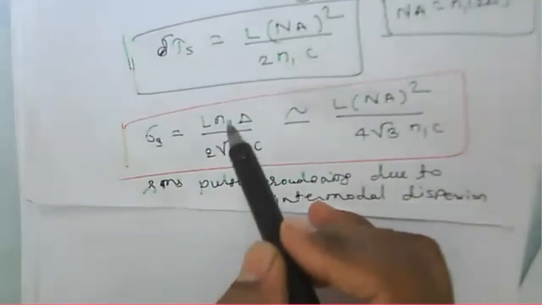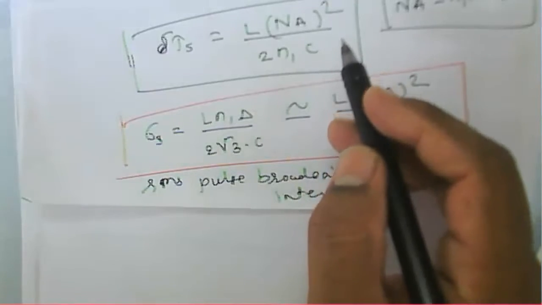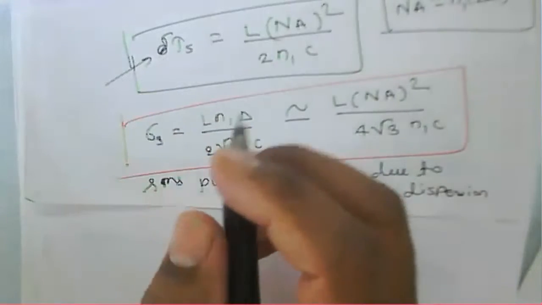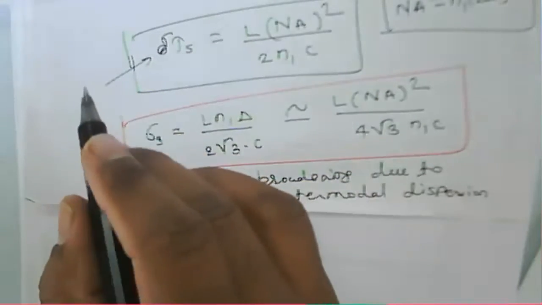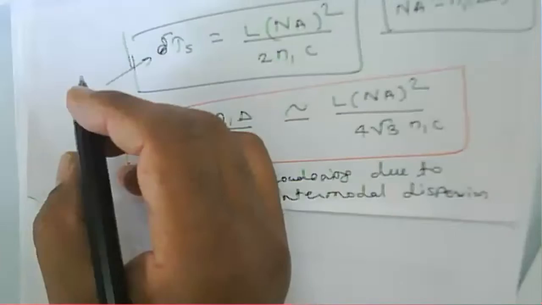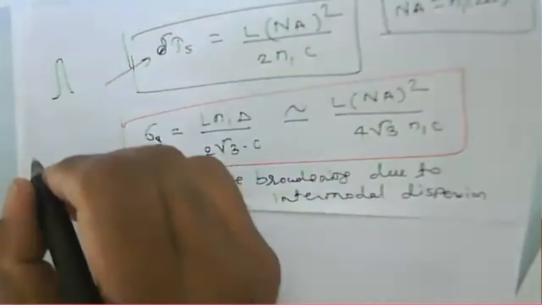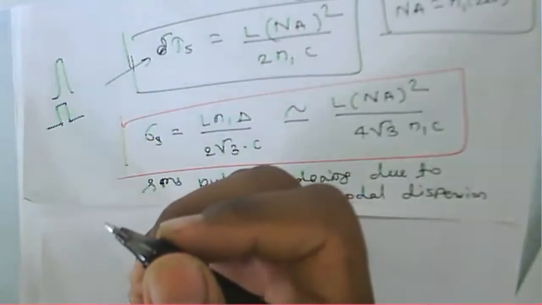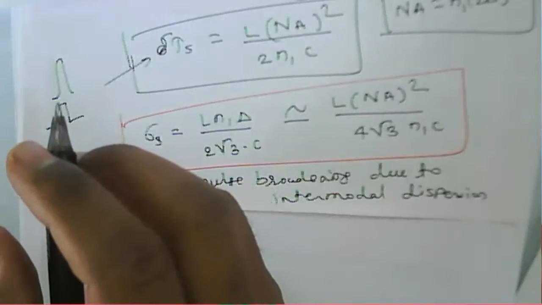Because we have obtained the delay differences for a given particular light. If you compare with when light is propagating through the fiber, what will be the ideal pulse? Generally we say a pulse is propagating through the fiber, but in the case of a delay difference, we can say the ideal pulse is a rectangular function with a unit area.